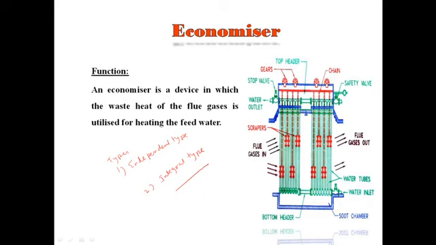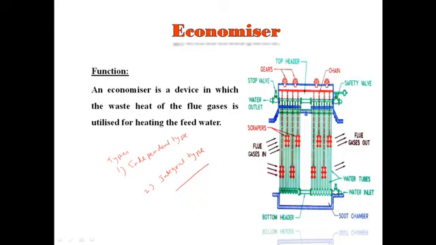As you can see in this figure, you will find the independent type vertical tube economizer. It is employed for boilers of medium pressure range up to 25 bar. It consists of a large number of vertical cast iron pipes which are connected with two horizontal pipes, one at the top and the other at the bottom.